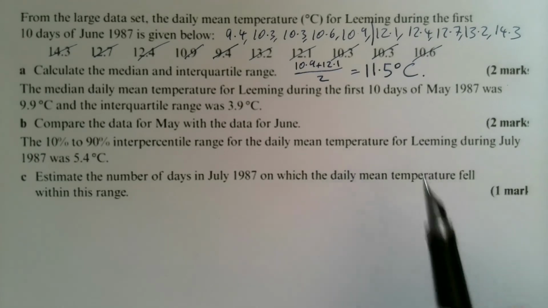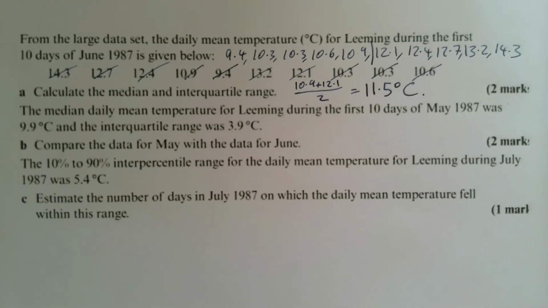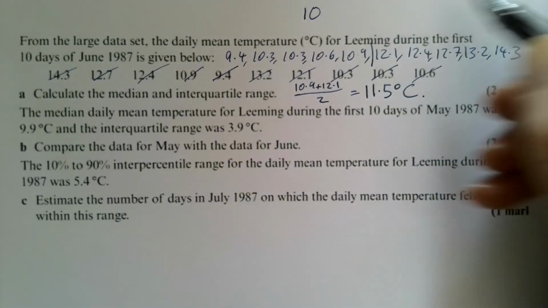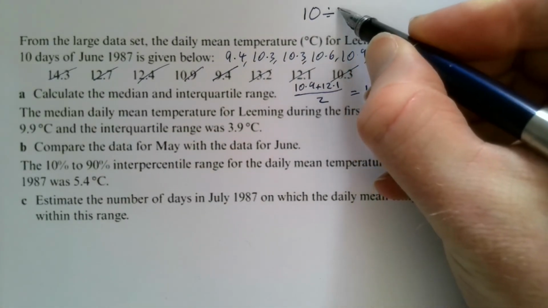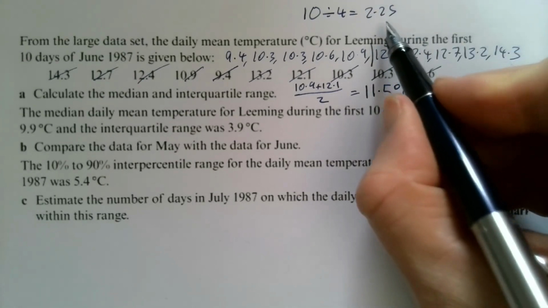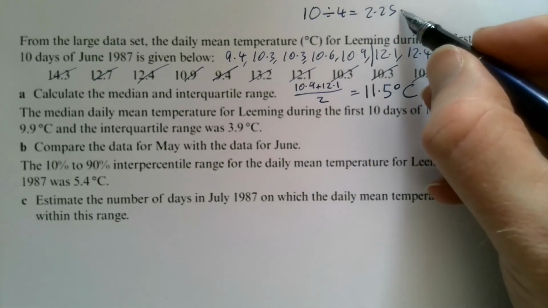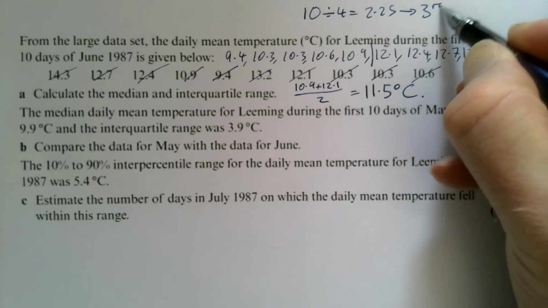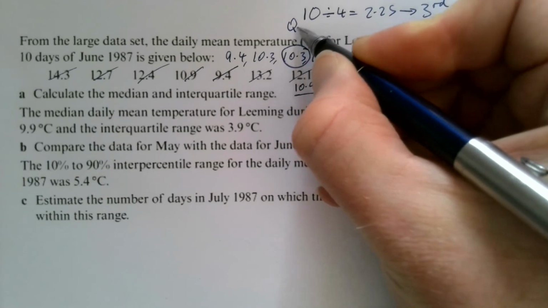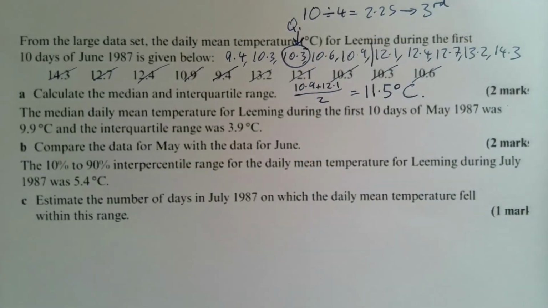Now for this we need to remember what we said last week about our rules. We've got 10 data points, so if you divide that by 4, a quarter of it is 2.25. That means you round up to the third data point. So that is Q1, or the lower quartile.